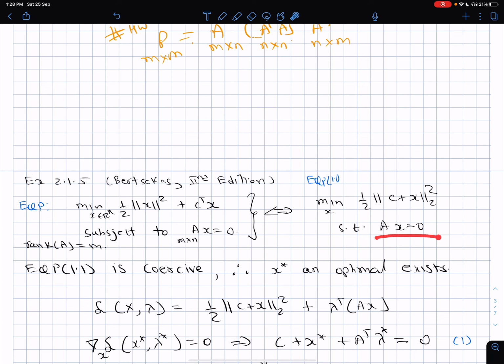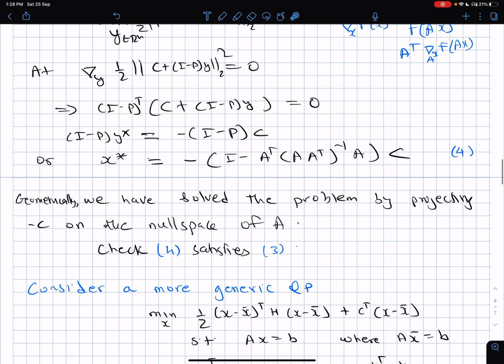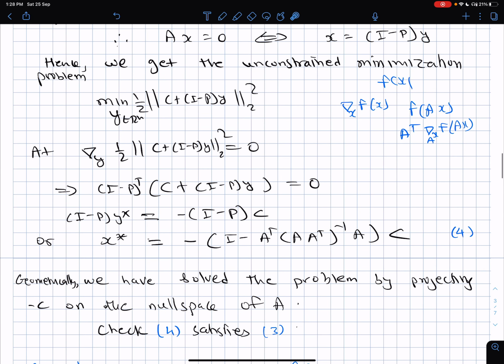But A times minus c may not be equal to 0, in which case the optimal solution is just projecting minus c onto the null space of A, and you get the optimal solution.